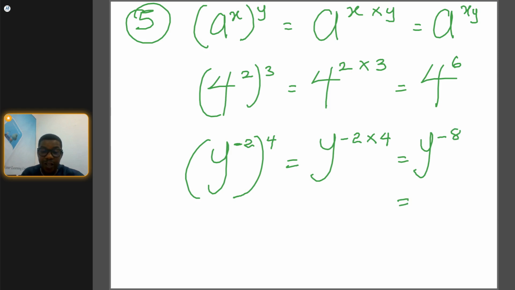And this also leads us to another law of indices, and that can be 1 over y raised to power 8. You know, this was the fourth law of indices we treated. So I need to simplify further to have 1 over y raised to power 8. So I believe we are following.